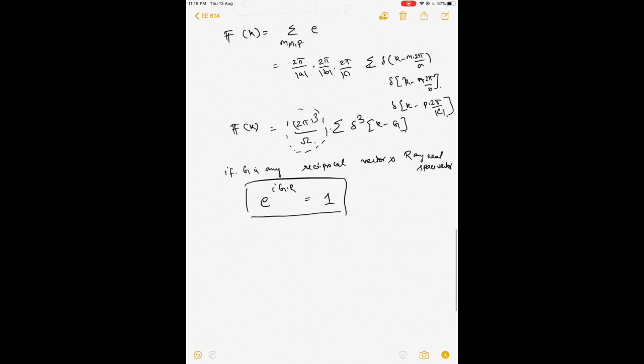Now, in addition to this, there are other numerous important properties of reciprocal lattice vectors. I will just name one which is very important for our current discussion.